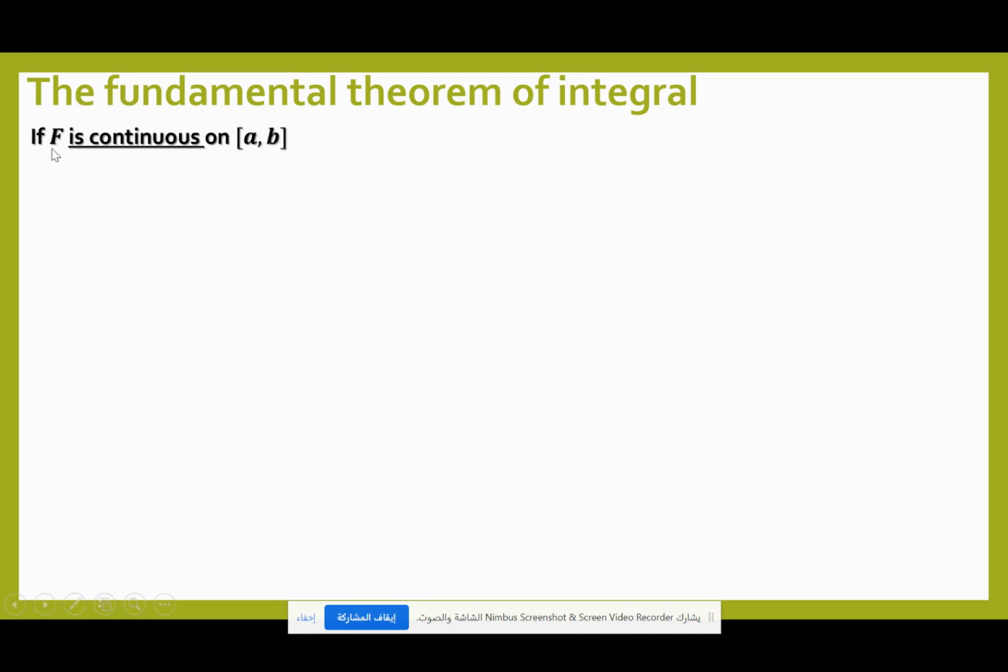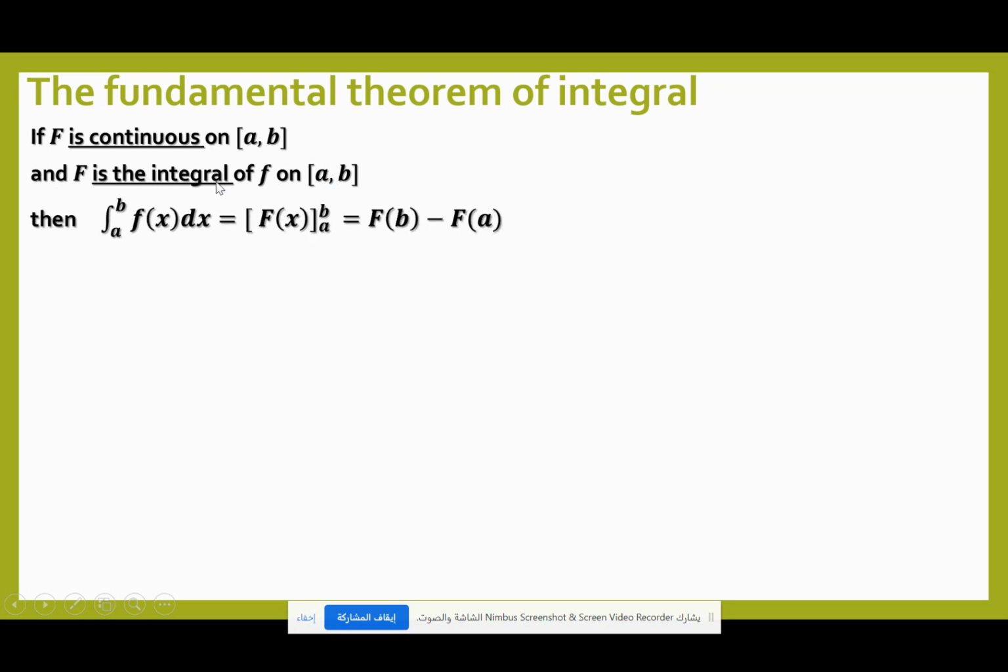The conditions of this theorem: if f is continuous on a closed interval from a to b, and f is integrable on the closed interval a and b, then the integration from a to b of f of x dx is equal to the following. You are going to think about an original function.